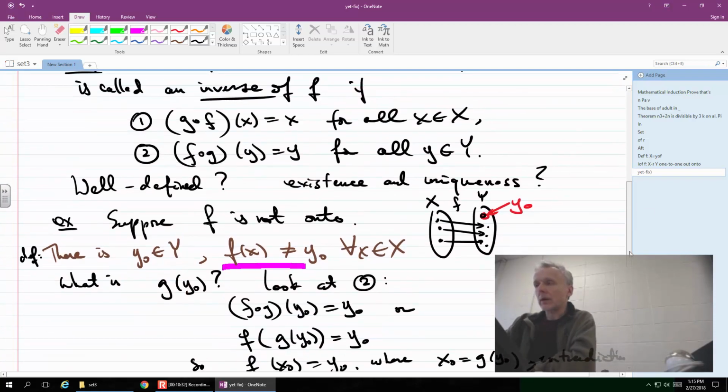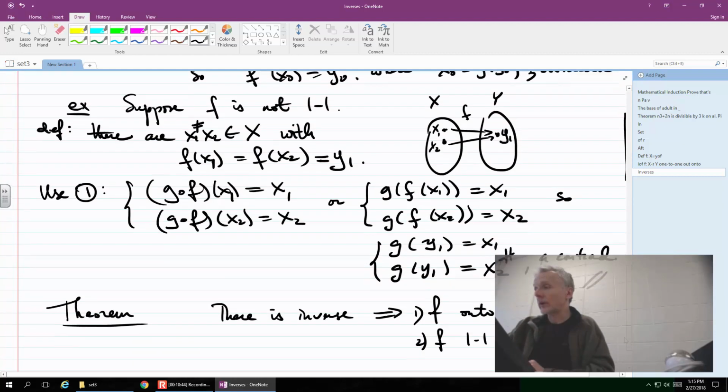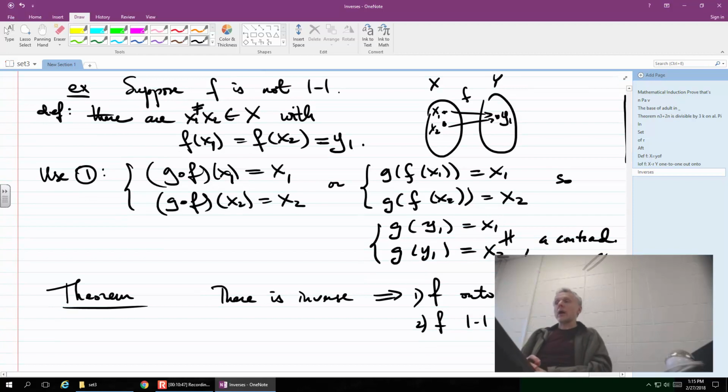Okay, and now we're talking about making sure that we discover under what circumstances a function has the inverse. We more or less demonstrate here that when the function is not onto, there is no inverse.